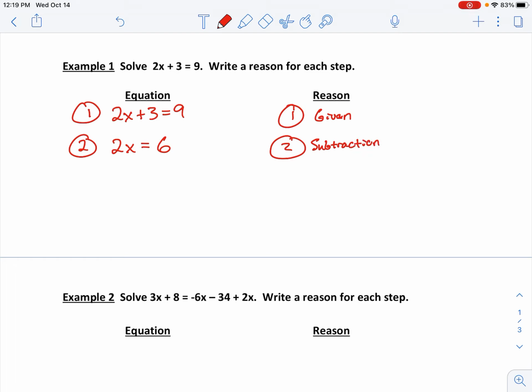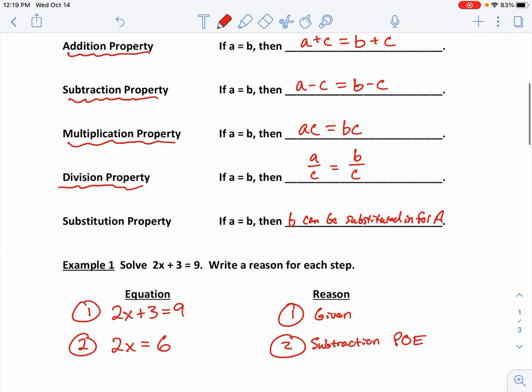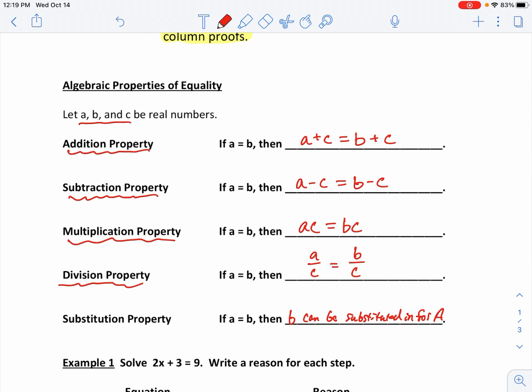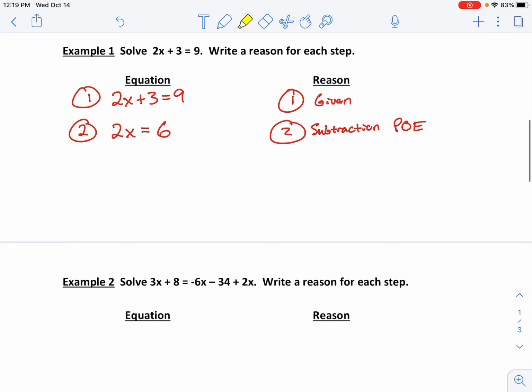Subtraction property says that if I take away the same thing from both sides, so what I did is I subtracted 3 from both sides. The 3's canceled on the left, and 9 minus 3 is 6. So we're going to say subtraction POE. If you're wondering what POE means, I'm going to highlight it up here. Property of equality. So we're always going to put subtraction and then POE.